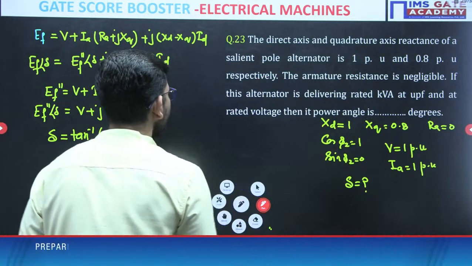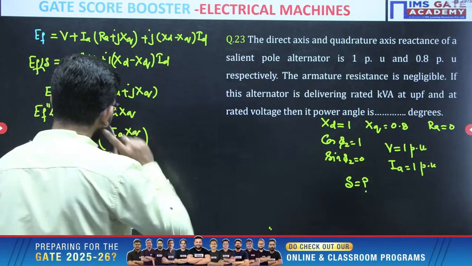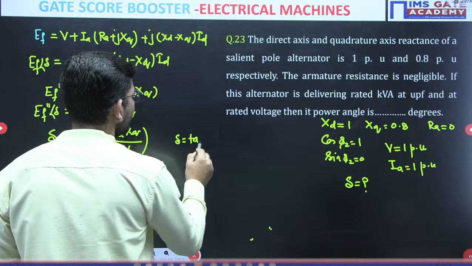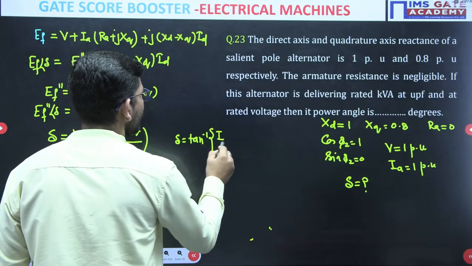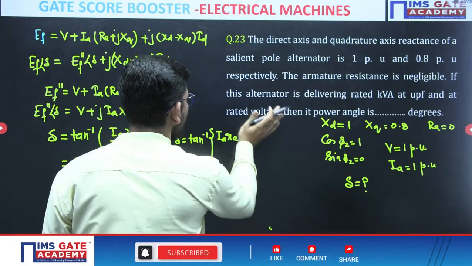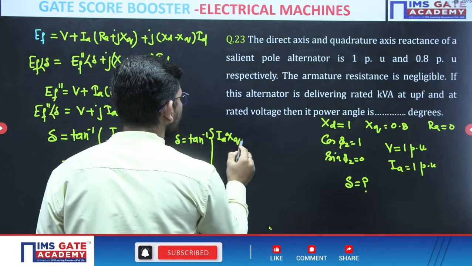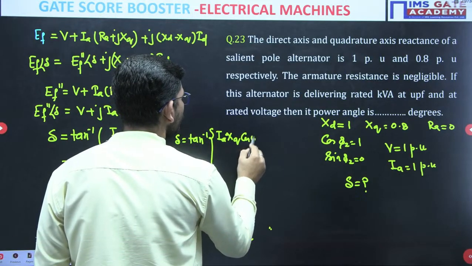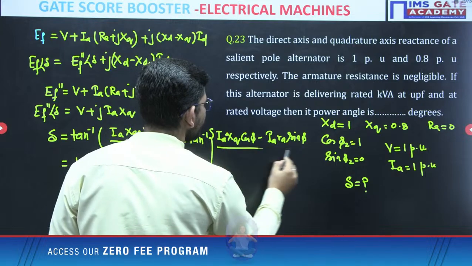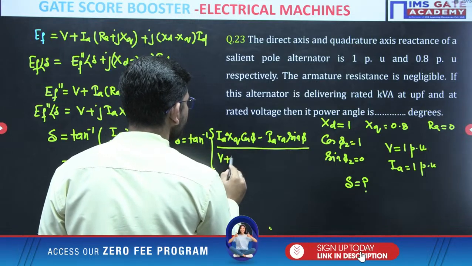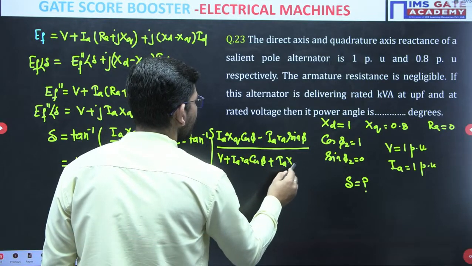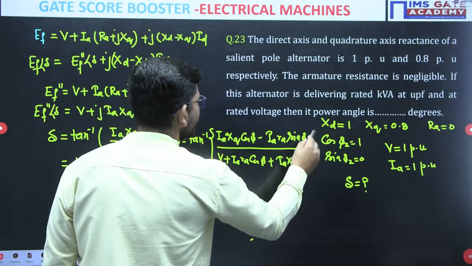By the way, this is for unity power factor and neglecting RA. For any other power factor, if you want to calculate del, it will be tan inverse of IA XQ cos phi minus IA RA sin phi, divided by V plus IA RA cos phi plus IA XQ sin phi.